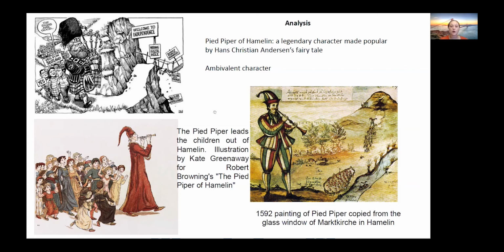However, in other versions of the same legend, we find Pied Piper of Hamelin being a more negative character, since he's shown leading the children out of Hamelin. He leads them to drown, so he appears really as a negative character who draws the children to their death.